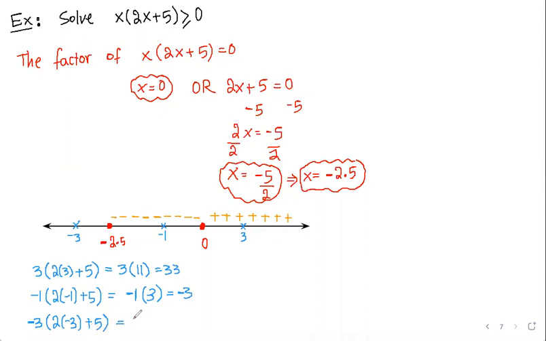What do I have? 2 times negative 3 is negative 6. Plus 5 is negative 1. Negative 3 times negative 1 is positive 3. So the sign here will be positive. So again, positive, negative, positive.